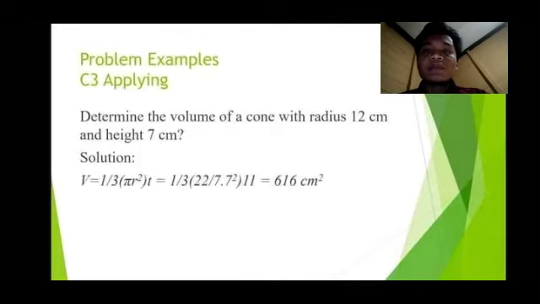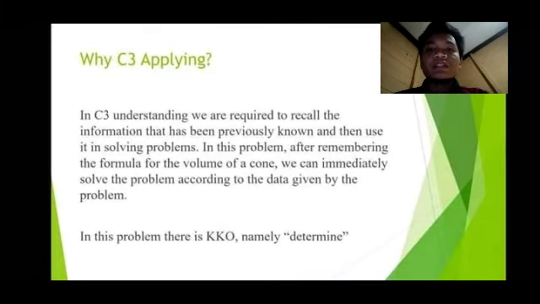Next, problem example C3, applying. Determine the volume of a cone with radius 12 cm and height 7 cm. And for the solution, you can see the solution there. The result is 616 cm. Why C3 applying? In C2 understanding, we are required to recall.